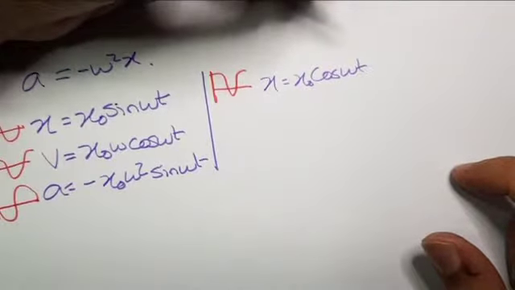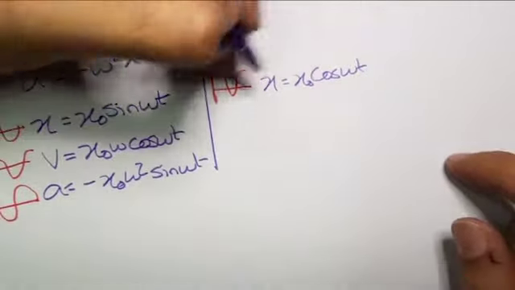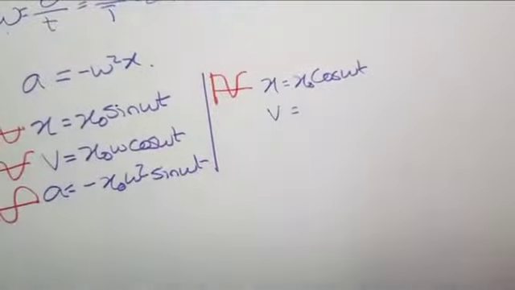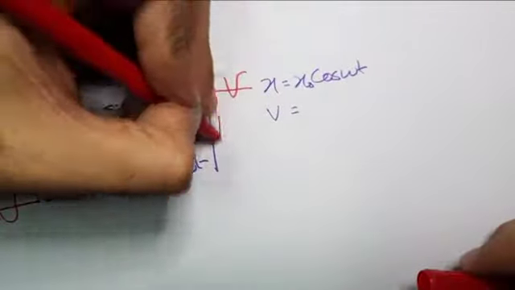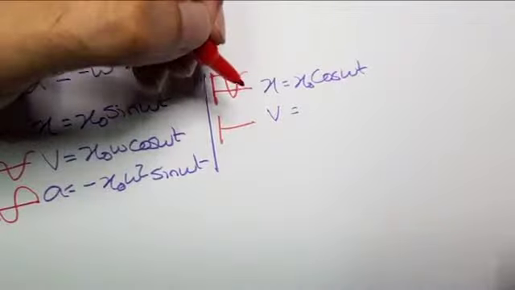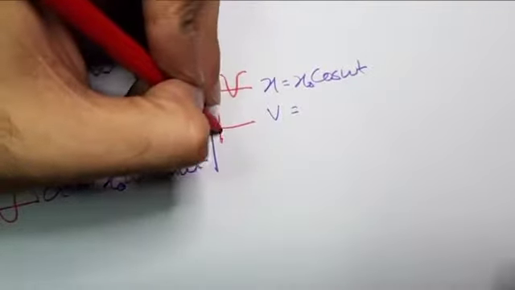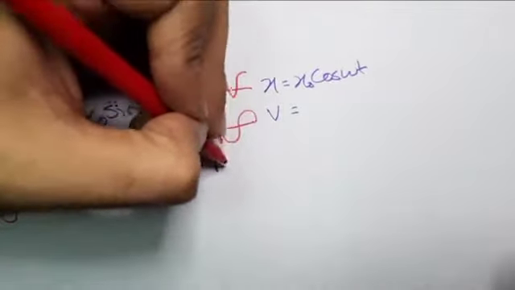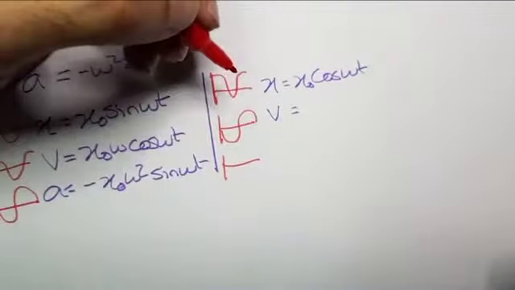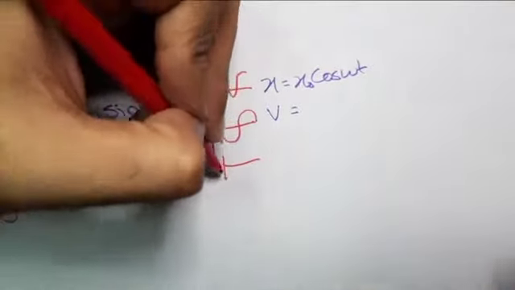And if you want to differentiate that, let's draw the graphs for it first. What's going to happen if you differentiate cos theta? Negative, minus sine. So you're going to get basically this. And if you differentiate minus sine, what do you get? You get minus cos.